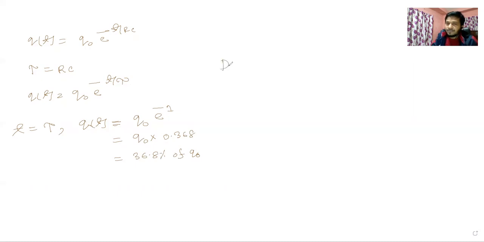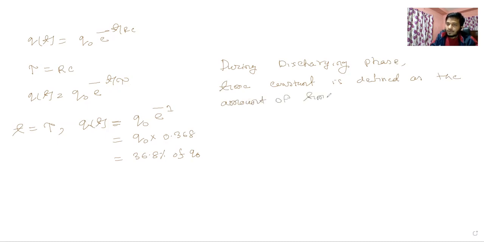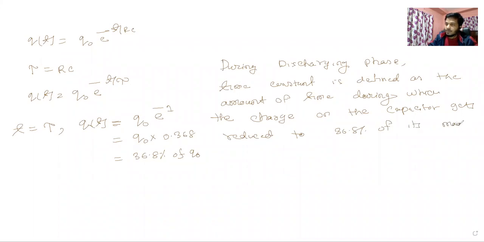So during the discharging phase, time constant is defined as the amount of time during which the charge on the capacitor gets reduced to what? 36.8% of its maximum value, right?